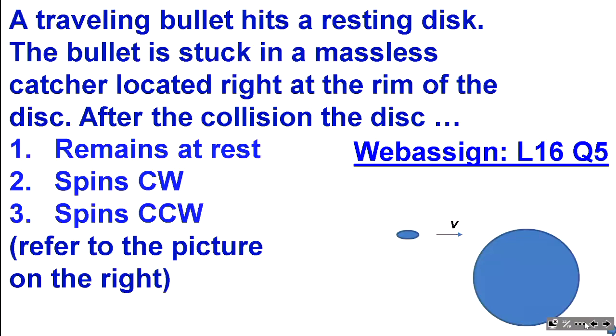And the bullet, this table is not leveled. Okay. The bullet flies and hits and gets caught in this catcher. So the question for you is, after that happens, what will be the direction of the motion of that disk or this device?